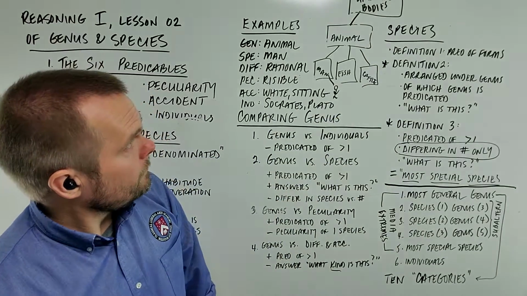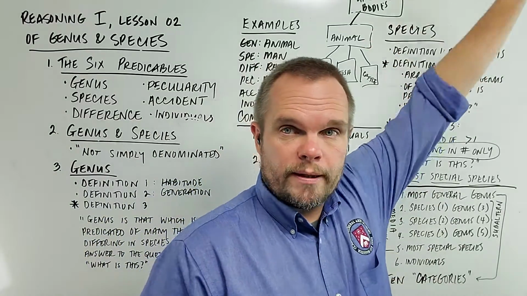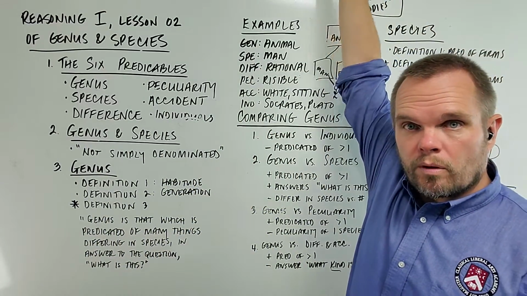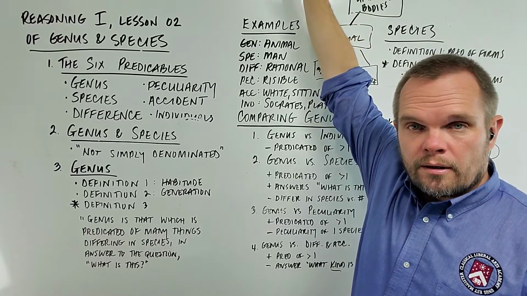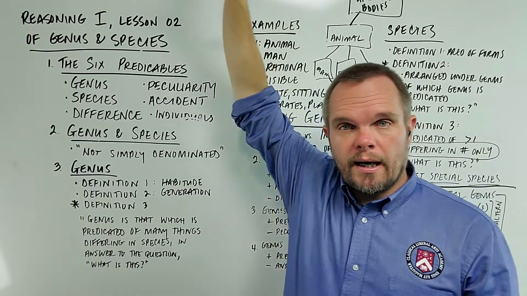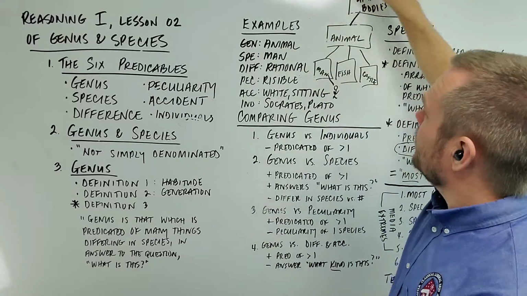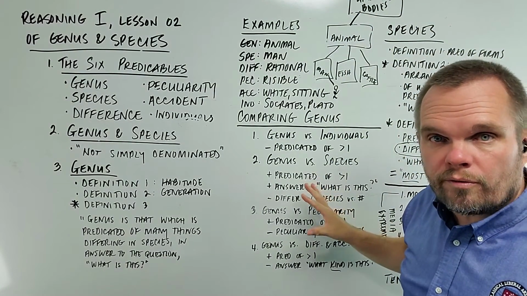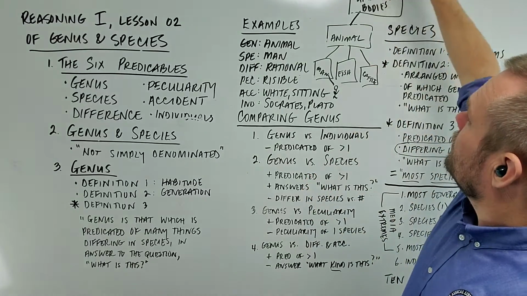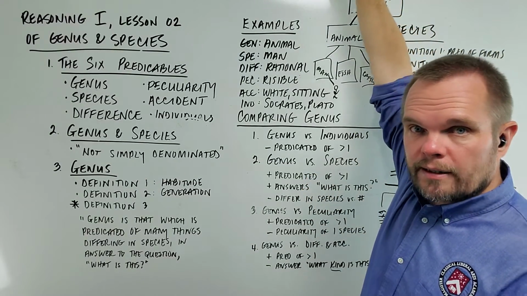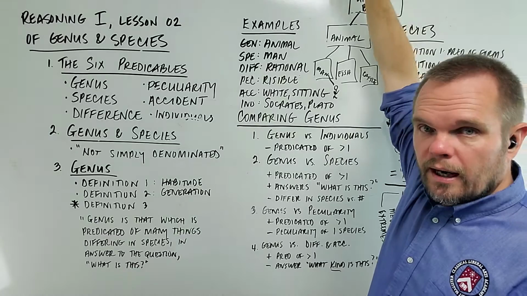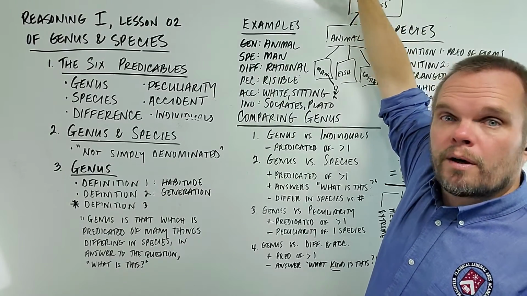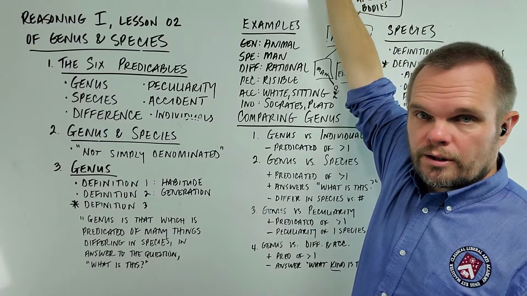Okay? And then if we kept going, we could keep going higher a few more levels until we finally got to the highest genus of this tree, the Tree of Porphyry. The highest branch, the ultimate highest genus, above which there's no more genus.